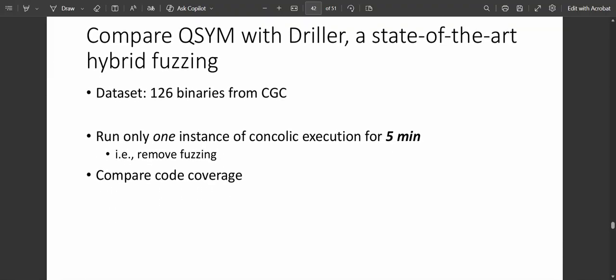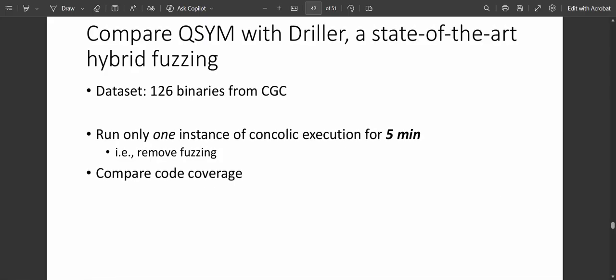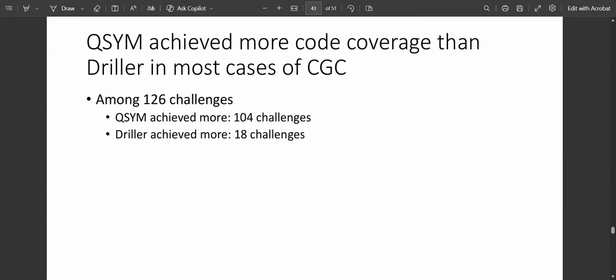And QSYM versus Driller, the state-of-the-art hybrid fuzzing. The dataset is only 126 binaries and runs only concolic execution for 5 minutes, where it removes the fuzzing and compares code coverage to see how it is doing. QSYM achieved more code coverage than Driller in most cases of CGC.